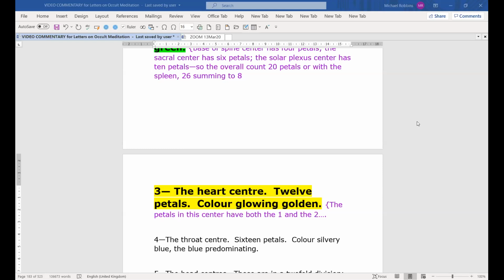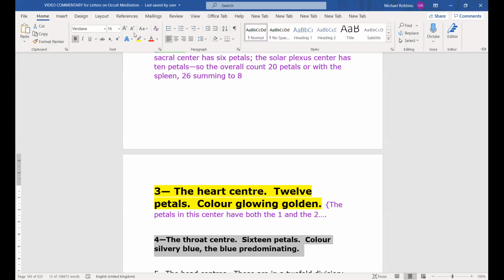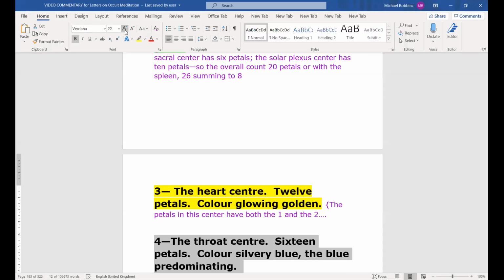Moving on then to the throat center. Okay, this is clearly what he has seen. Silvery blue, 16 petals, color silvery blue, and the blue predominating.